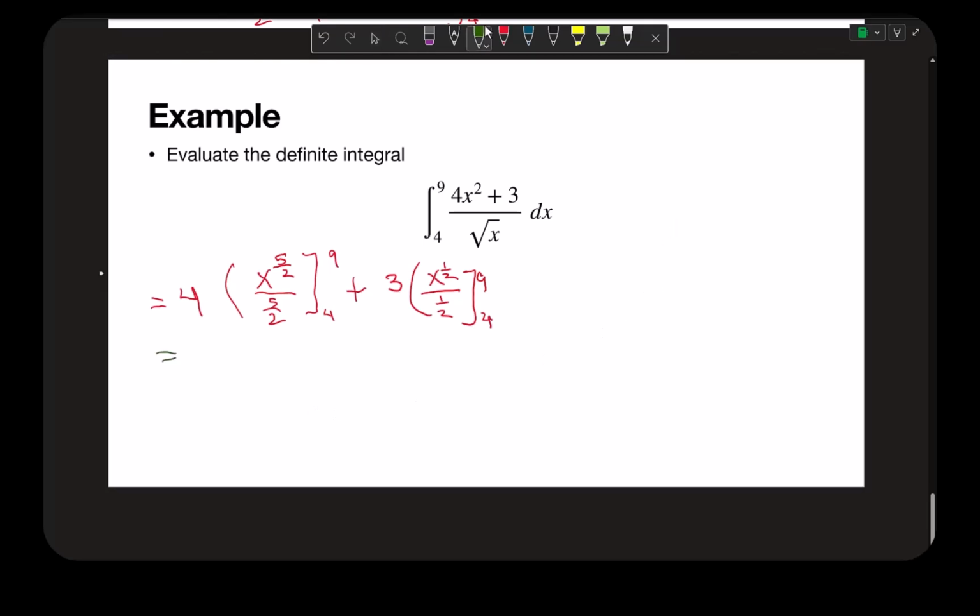First, we're going to simplify. This is 4x to the 5/2 power, and then divided by 5/2, it's the same as times 2/5.